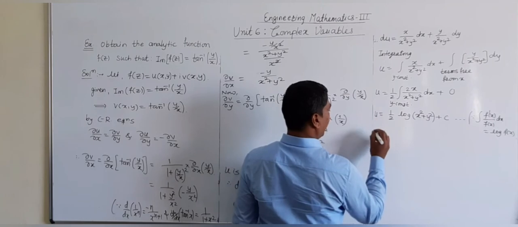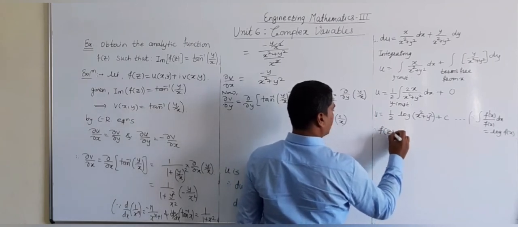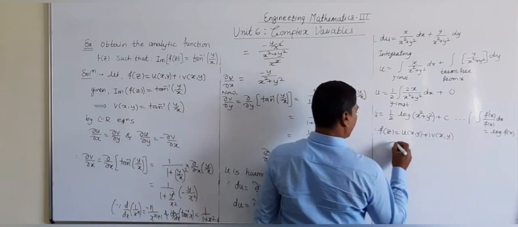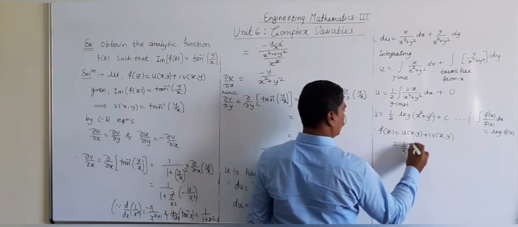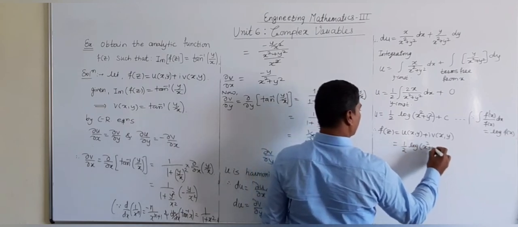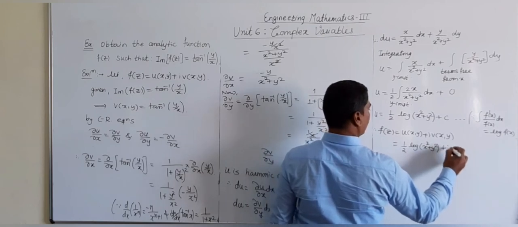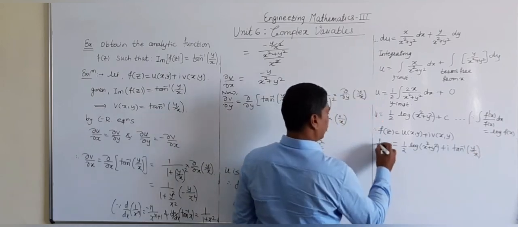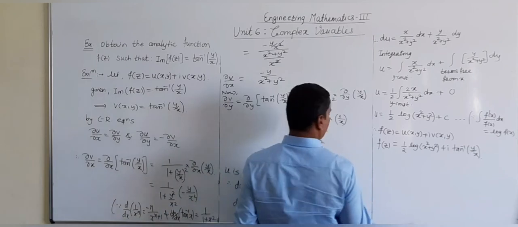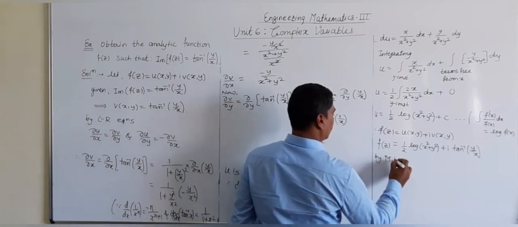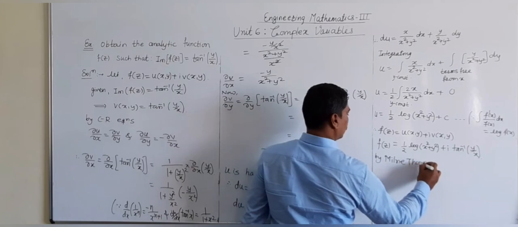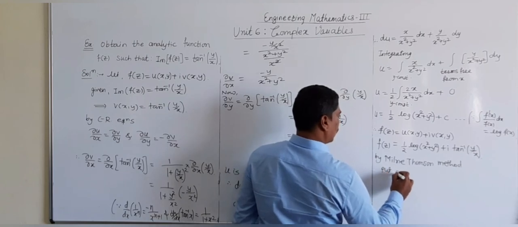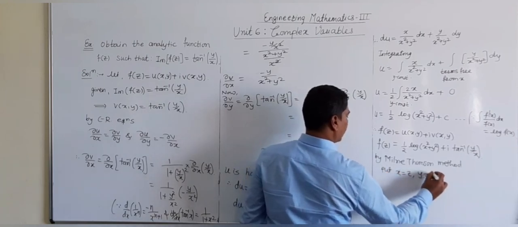So in that way we get the value of u, and therefore f of z is equal to u of x comma y plus i into v of x comma y. Now replace the value of u, which is 1 upon 2 log of x square plus y square, plus i into the value of v, which is tan inverse y upon x. Our requirement is to find f of z in terms of z. So by Milne-Thomson's method, put x equal to z, y equal to 0.